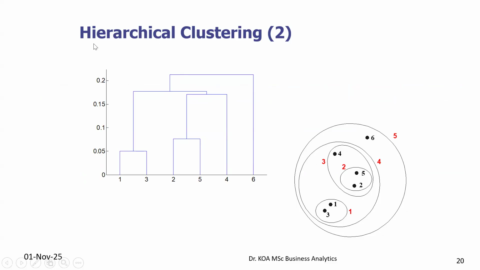Is it 1? Is it 2? Is it 3? Is it 5? Is it 4? Is it 6? Yeah, Pascal. To the left, it would be 5. 5 and 6, okay. Who else?